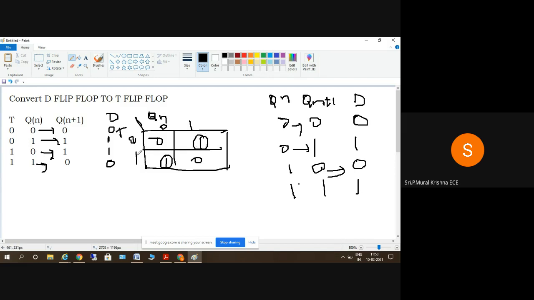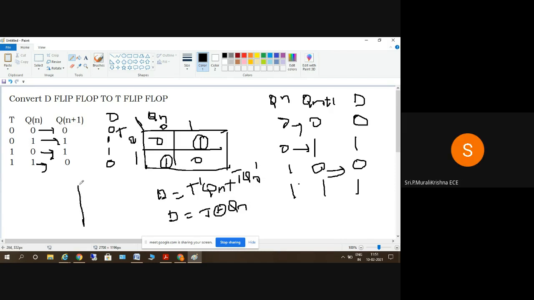Okay, two individual values, and what is this value? So d is equal to t bar qn plus, what is this value? t qn bar. Yes or no? Yeah, sir. Okay, so d is equal to t exclusive OR of q of n. Okay, clear?